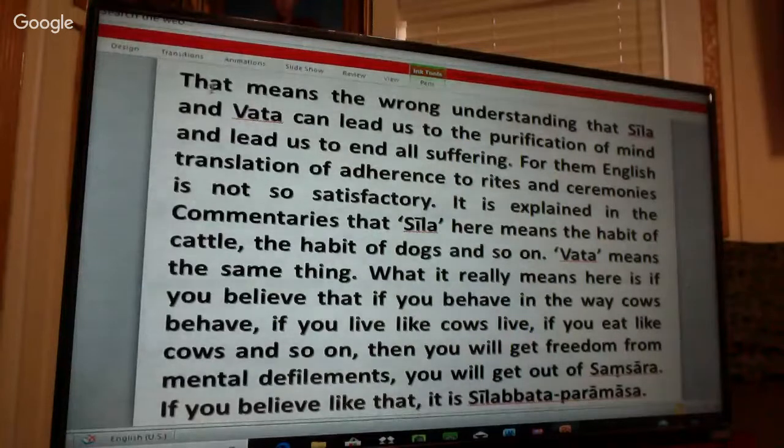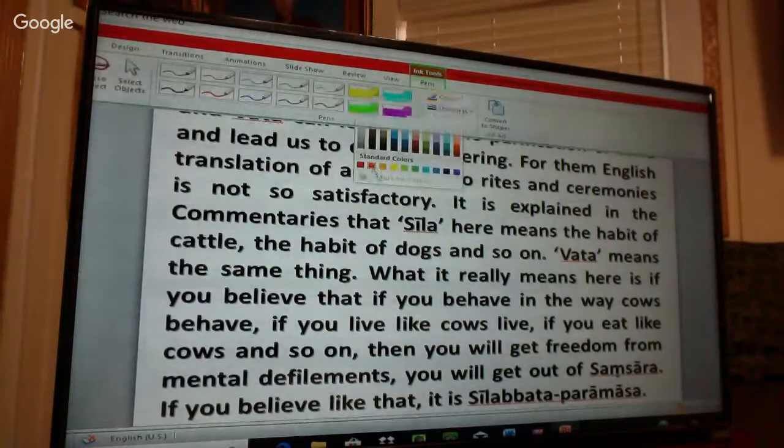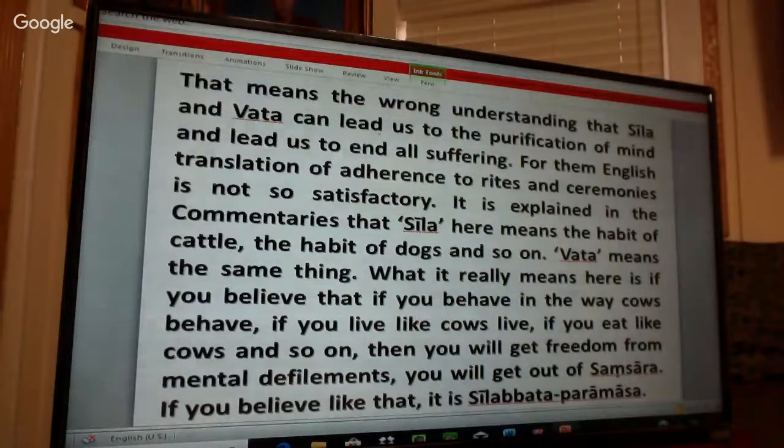Okay. So the last one is here. I will add a little bit more detail. That means a wrong understanding that sila and vata can lead us to the purification of the mind. So they believe that habit and practice can purify our mind, can escape from disaster or escape from suffering.